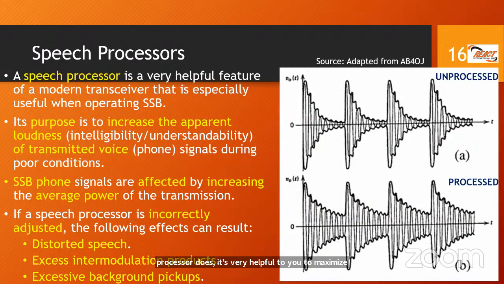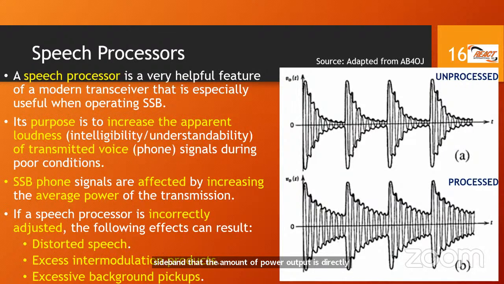When you're speaking to a microphone connected to your transmitter, you're expecting that voice, using that phone mode, to be transmitted through the sky to the other amateur radio operator that is listening for your transmission. But if you speak too softly, you will not have a good signal output, especially in a mode such as single sideband, where the amount of power output is directly related to the voice input that you give the transceiver.